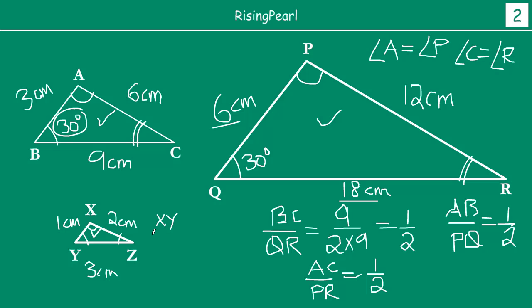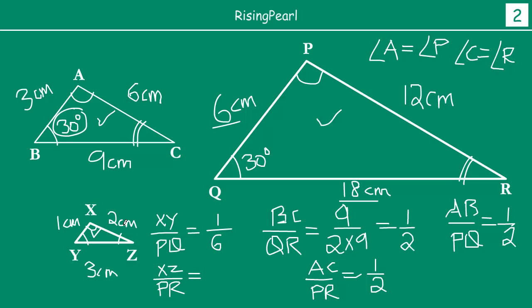And not only that, if you look at XY divided by PQ, what is the ratio? The ratio is XY is 1 and PQ is 6, right? What about XZ divided by PR, what is the ratio?